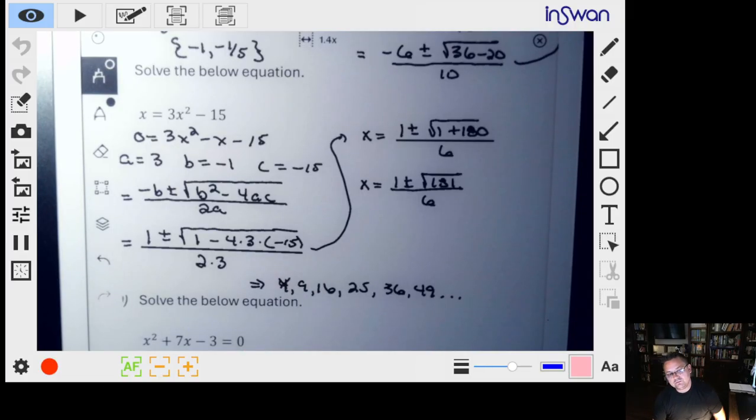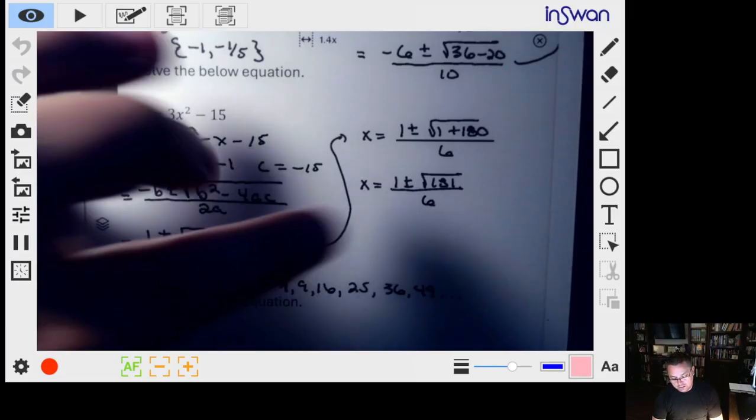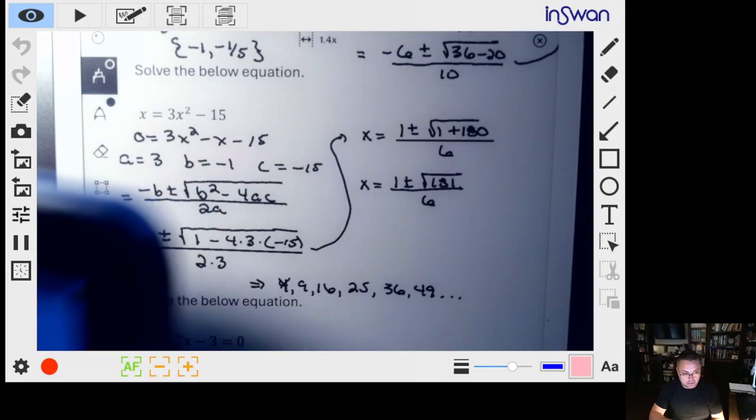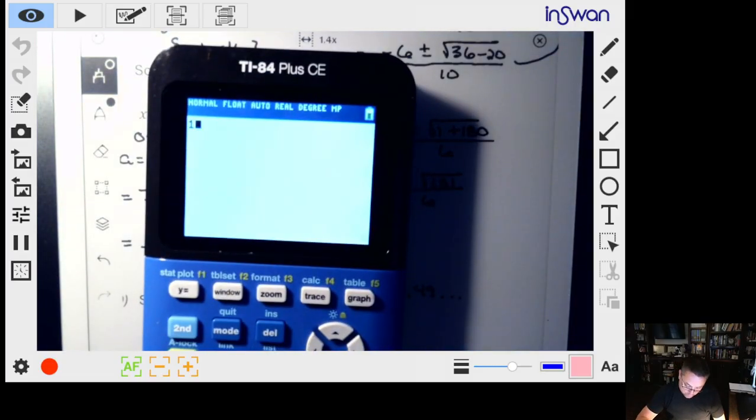9, well, to be divisible by 9, the digits 1, 8, and 1 have to add up to something that's divisible by 9. So 1 plus 8 is 9, plus 1 is 10. Now, 10 is not divisible by 9. I can just do this on the calculator as well. 181 divided by 9, yeah, it doesn't work. And like I said, 181 divided by 4, that's not going to work out nice either.